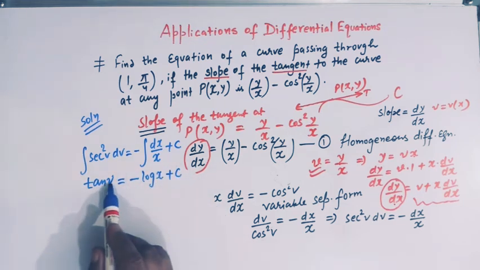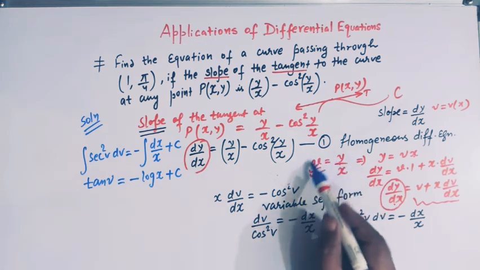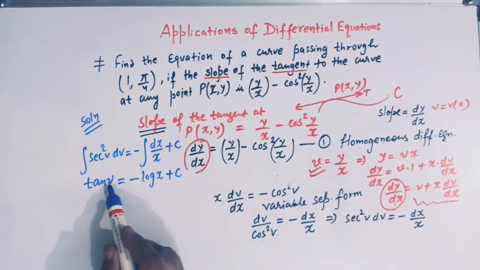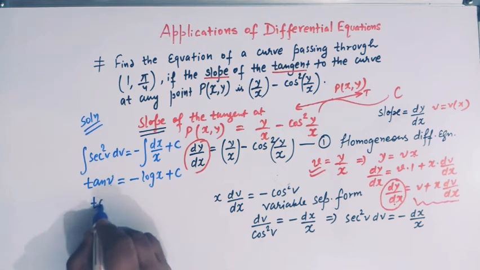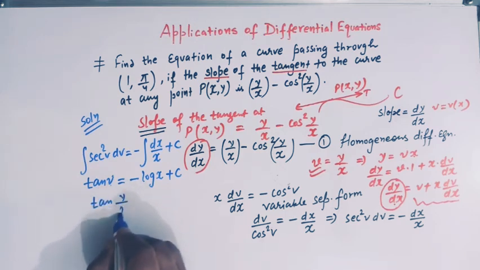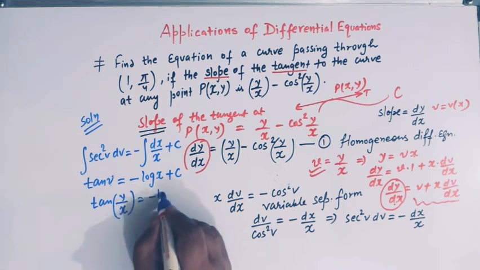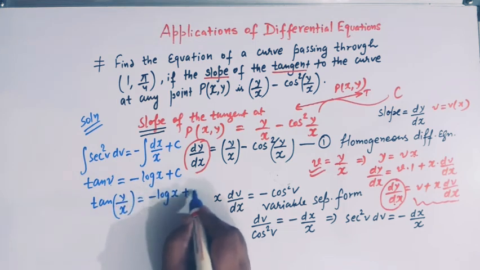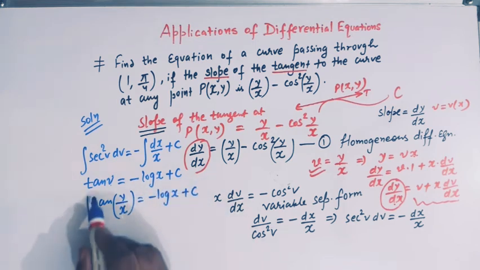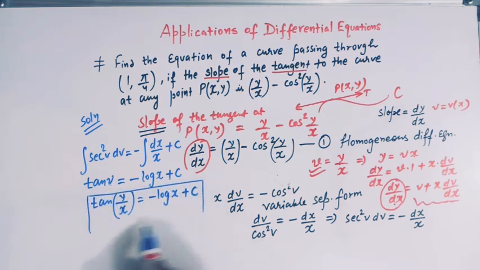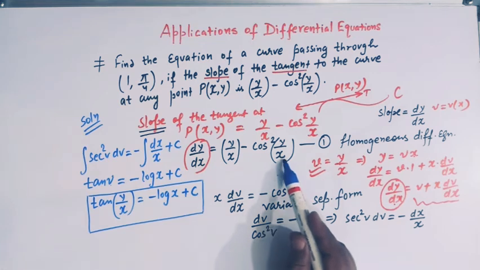Now resubstituting this value v is equal to y over x here, we have tan y over x is equal to minus log x plus c, right? So this is the general solution of this differential equation, right?